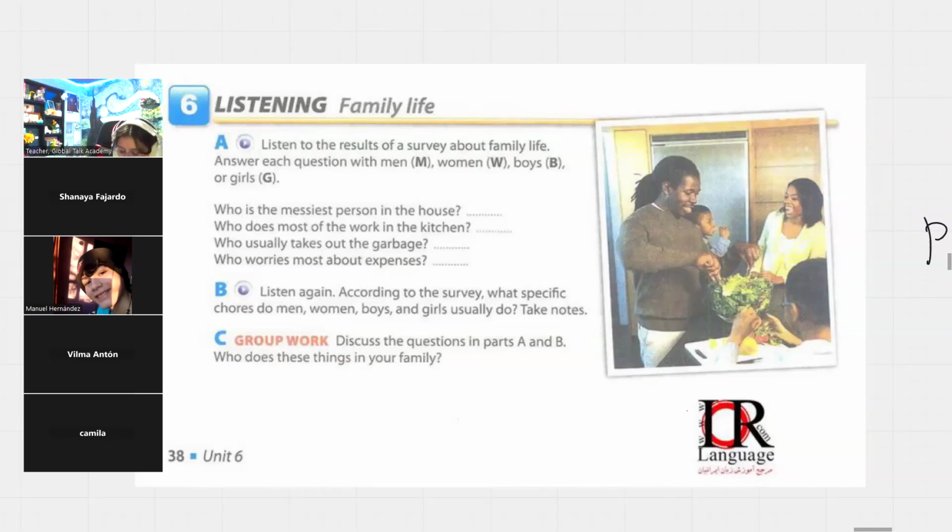And what about the groceries, Jennifer? Well, according to our results, boys and girls usually put the groceries away. That's surprising. So, what else do the women do? Well, that's our next question. Who worries most about expenses? In the majority of homes, it seems that women worry most about household expenses.